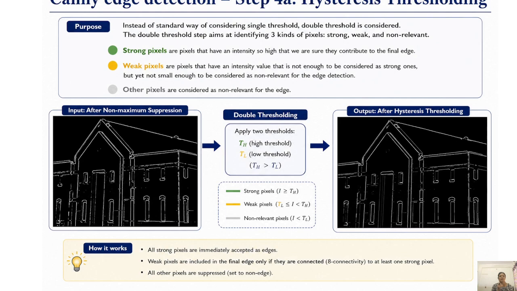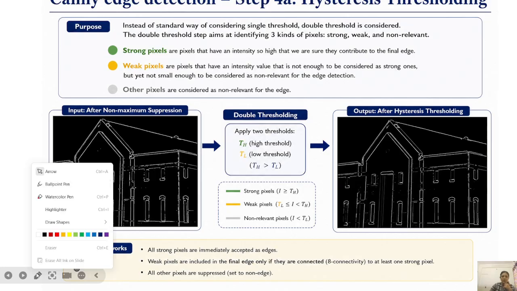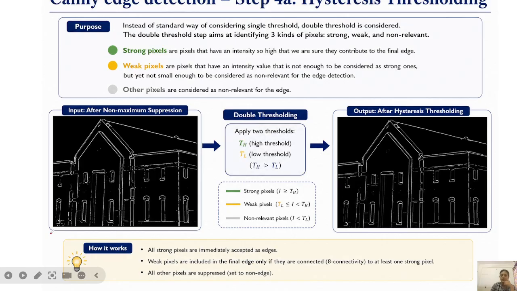Instead of considering a single standard threshold, double thresholding is used. The double thresholding step aims at identifying three kinds of pixels: strong, weak, and non-relevant pixels.